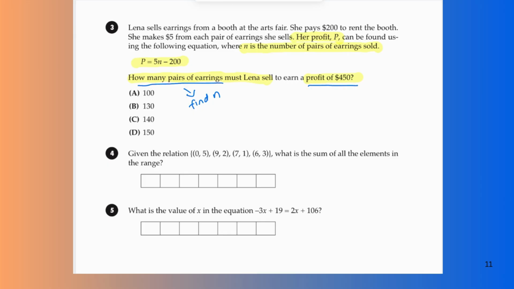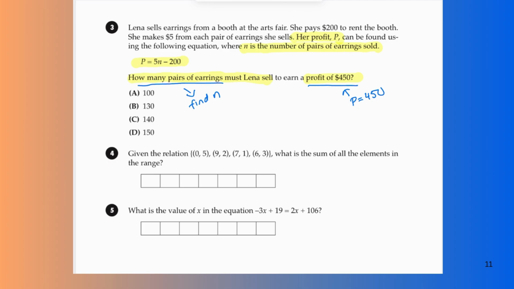And this part right here is telling me that P is equal to 450, because again, just reading the problem carefully, it says her profit P. So it's telling us that the profit is being represented by the variable P, and the question is giving us the profit. So it's basically asking us, find out what N is equal to if P is equal to 450.